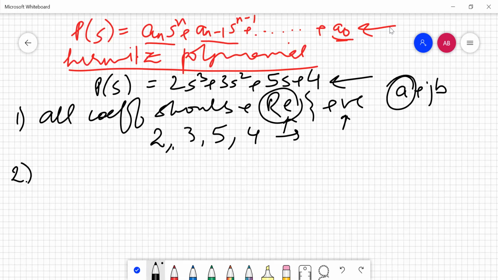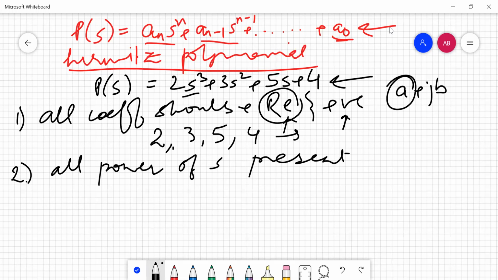The second point is that all powers of S should be present. What does that mean? The highest power of S is 3, so starting from 3 till the constant term, all the powers should be there. You can see here S power 3, then decrease it by 1, S power 2, then decrease it by 1, S, and then 4.